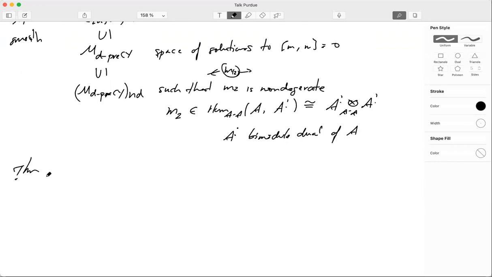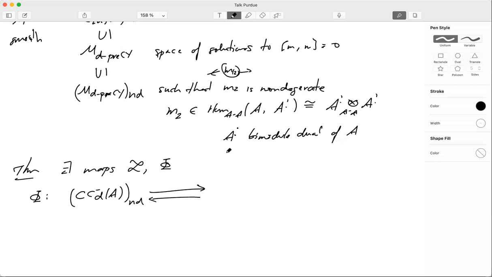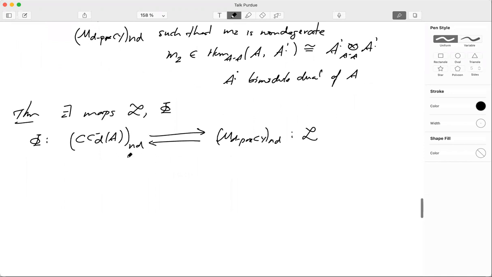And now I can state the theorem: there are maps, I'm going to call them L and phi, that go between some subset of negative cyclic chains of A, which are also non-degenerate in some way, and this space of non-degenerate pre-Calabi-Yau structures, and that are inverses in some way.